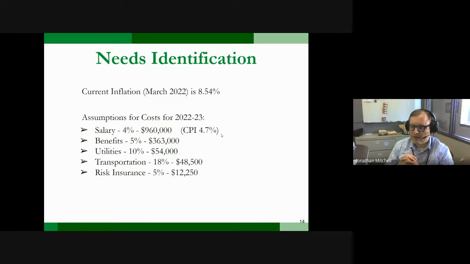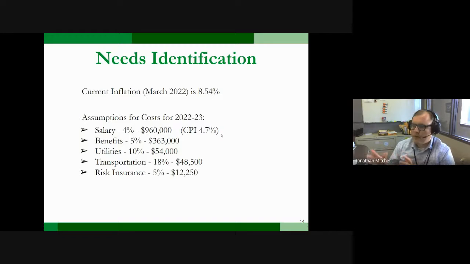Specifically, when we look at salary, we project right now a 4% increase. That's an assumption for our planning for '22-23. That would be $960,000 budgetarily. We compare that against the figure used for negotiated bargaining. So our teachers union is represented and falls within the Wisconsin Employment Relations Commission figure of 4.7% for base wage bargaining.